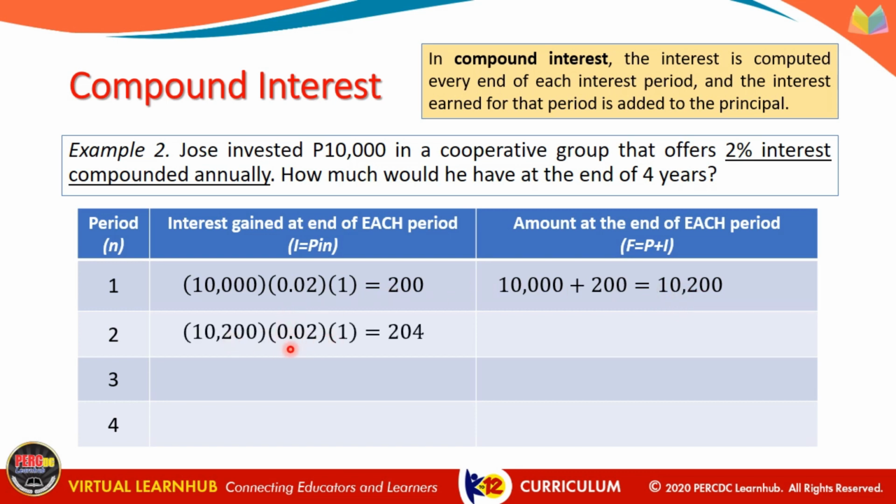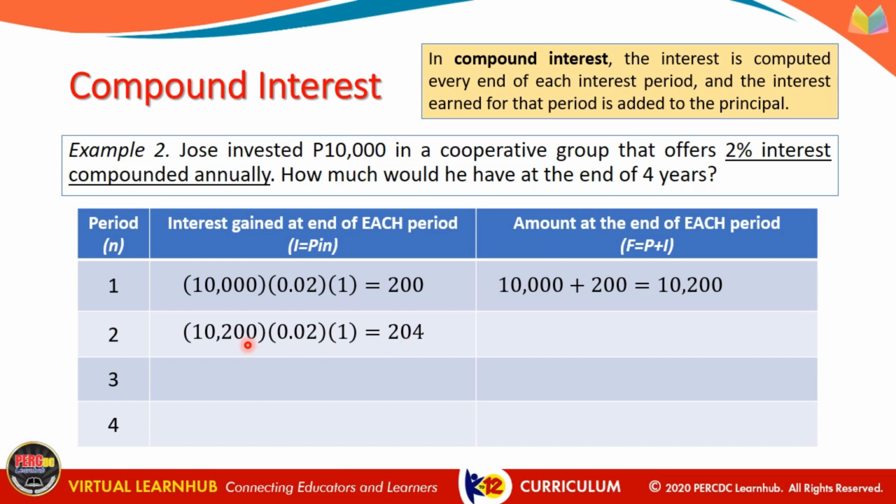For the second year, the interest gained at the end of second year, we're just going to consider the second year, which is 1 whole year. Okay, 10,200 times 0.02 times 1 whole year, or the second year, okay, that's 204 pesos.